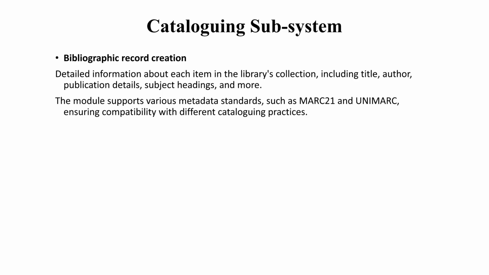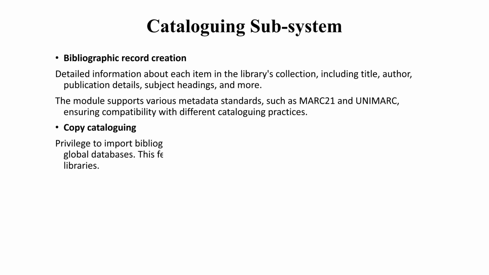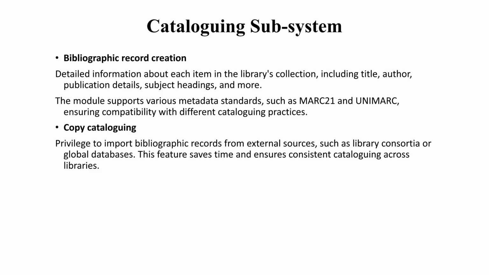The module supports various metadata standards like MARC 21, UNIMARC to maintain some uniformity. Another part of this module is copy cataloging. This module gives the privilege to import bibliographic records from external sources such as library consortia or any other library databases that follow some standard data.